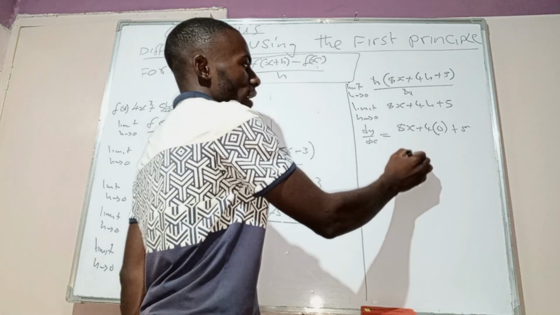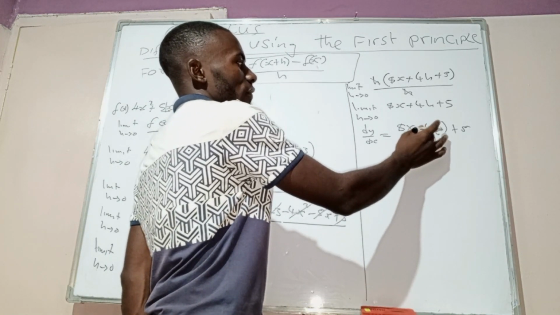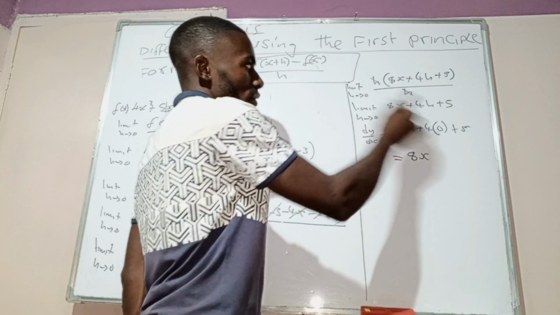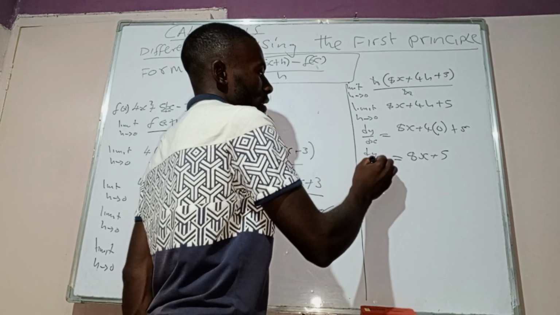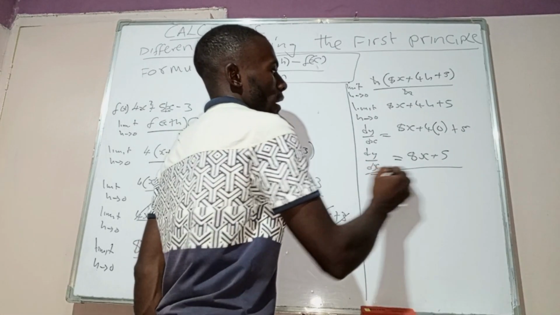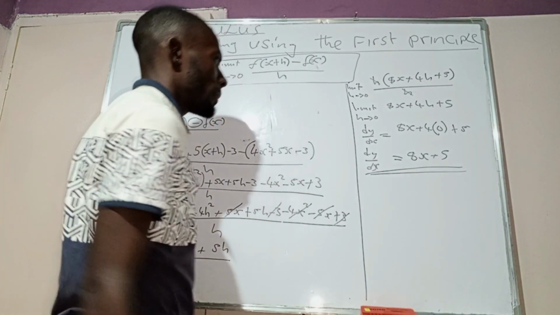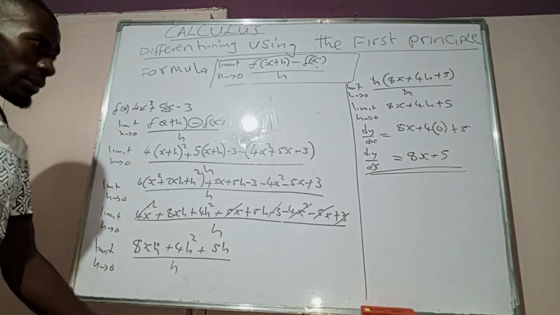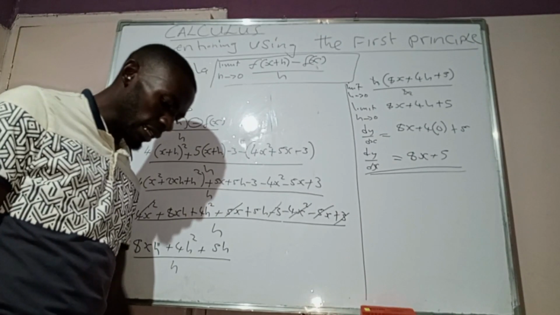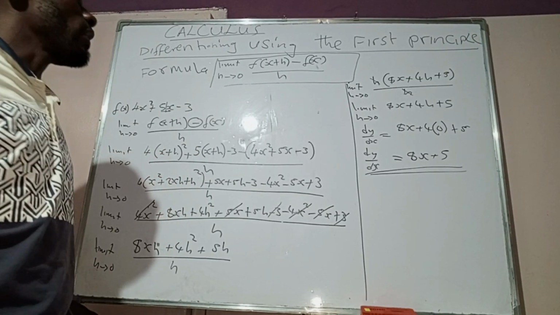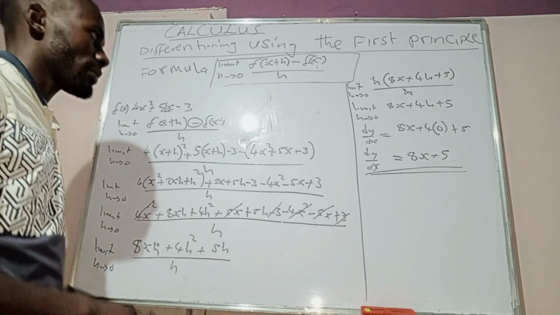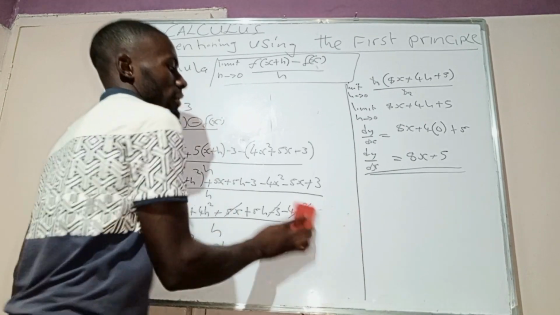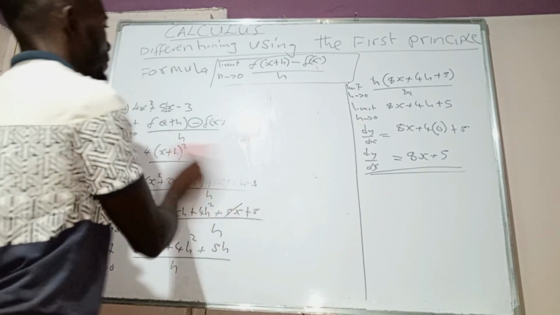So you're going to have 8x, 4 times 0 is going to give us 0, and you have remained with a 5. So our dy dx is equal to 8x plus 5. Okay, let's also look at the other one, which is the last example. Hope you are following. The last example.